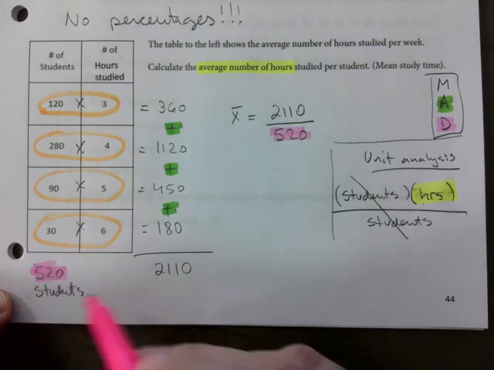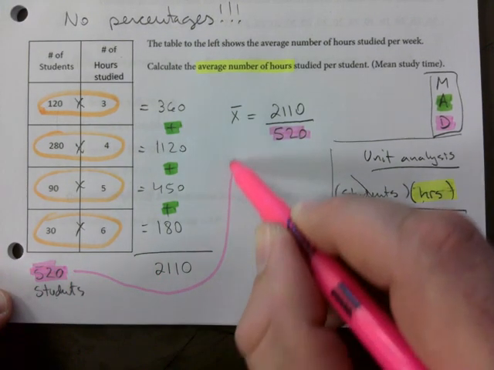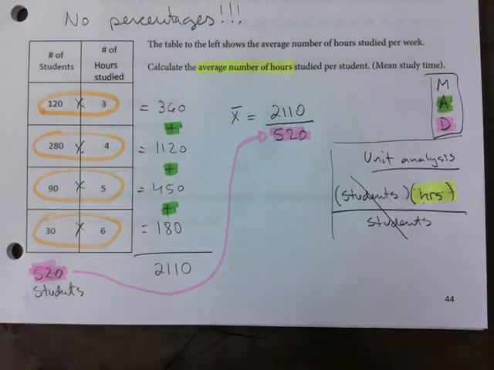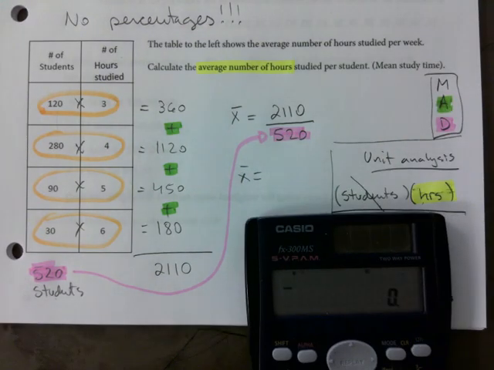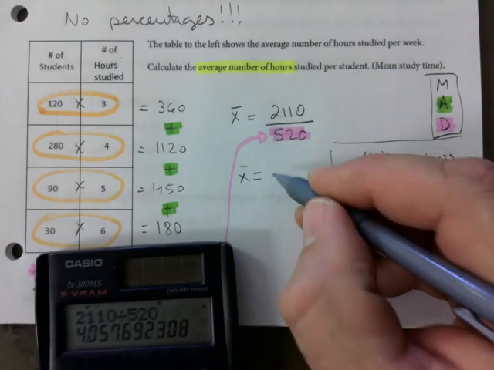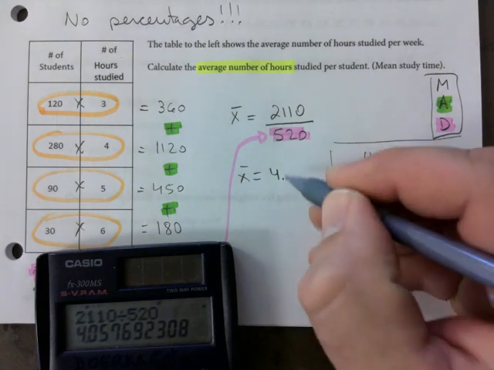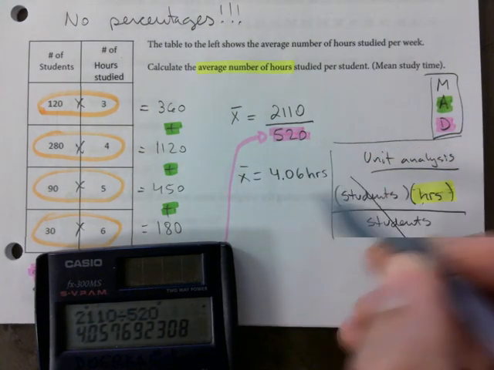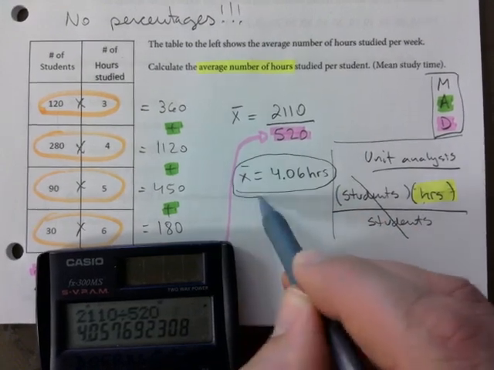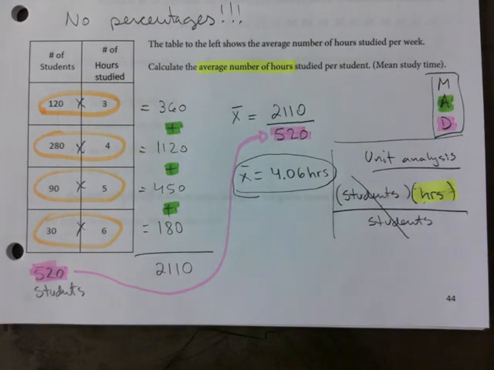The 520 came over here and divided out. So now we're going to find out our average. We go 2110 divided by 520 students. So 4.06 hours on average is my answer here. 4.06 hours.